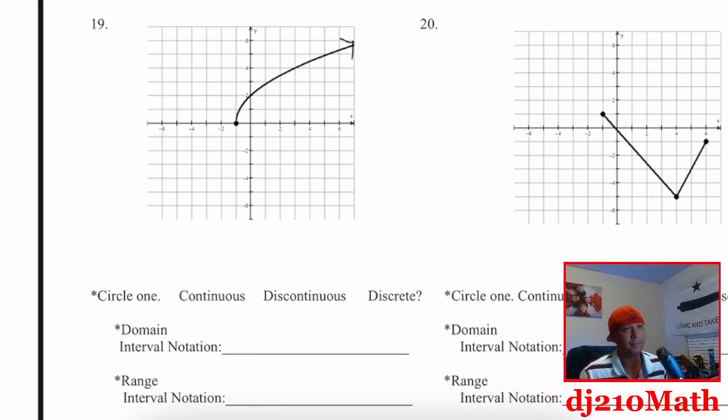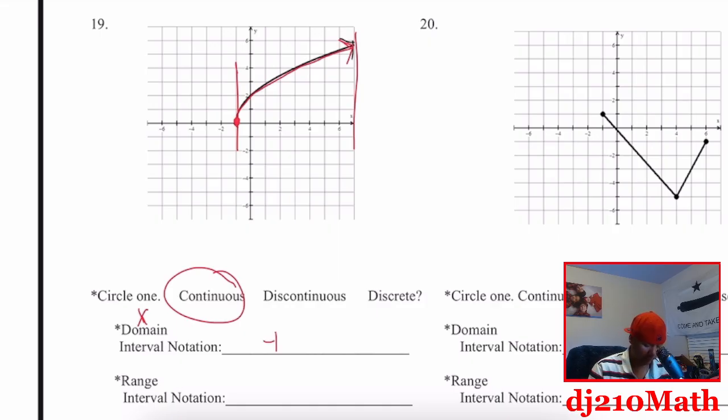All right, number 19. So I have one piece. We have one whole piece. So this is continuous. The domain, which refers to the x's, we take the most left up to the most right. So -1, bracket, infinity is the arrow.